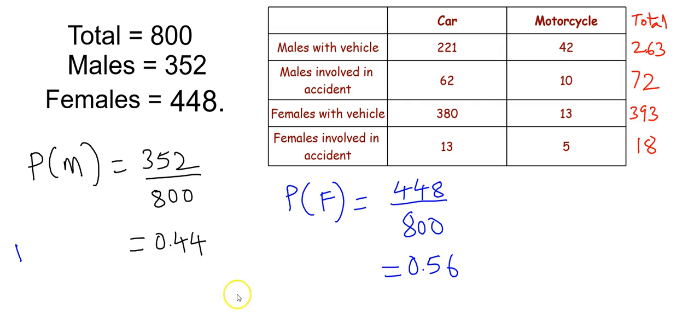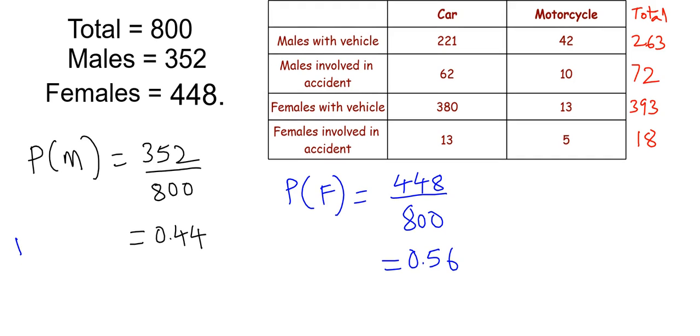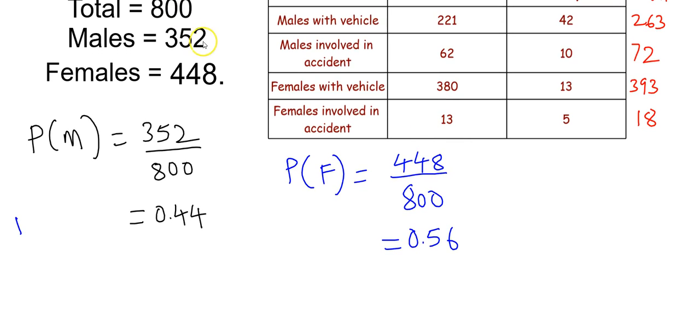So first we have the probability of finding the males and females. Now let us look at the probability of finding the number of students who are owning cars, then motorcycles, and then those males who own neither a car nor a motorcycle. Okay, so for the car I have to do total number of males, that is 352, and car owners are 221.